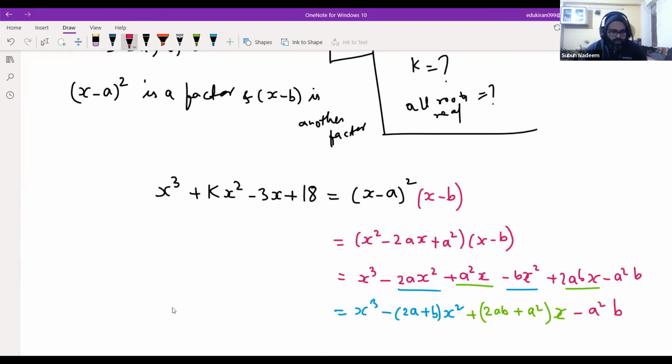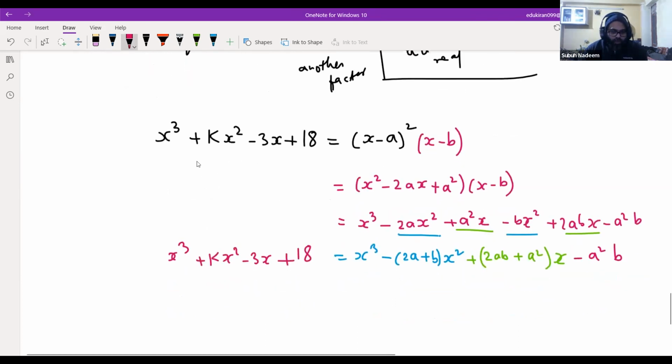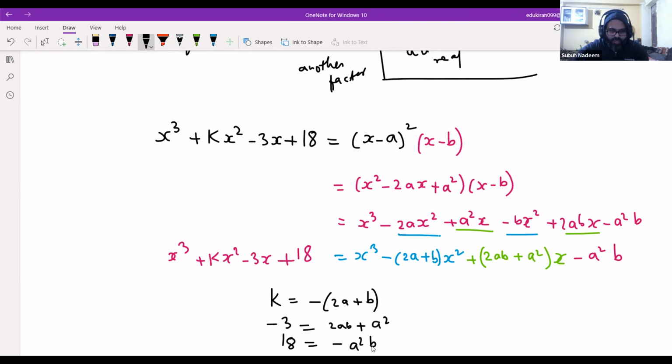Now these two are equal, that is x cube plus kx square minus 3x plus 18 is equal to this. So if you equate the coefficients, the x cube coefficient is 1 here, also 1 there. The x square coefficient is k, and there it is minus of 2a plus b. The x coefficient is minus 3, and there it is 2ab plus a square. And 18 is the constant here, and minus a square b is the constant there.